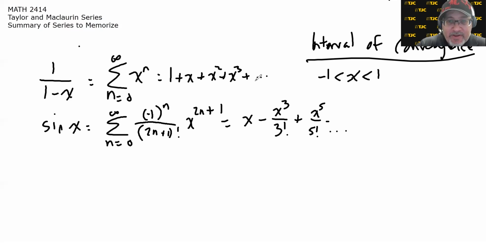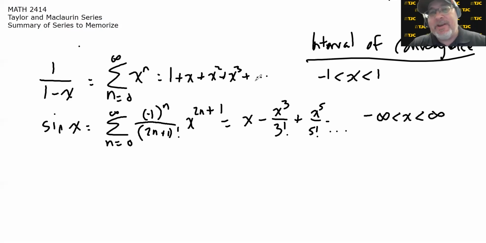And of course, I ran into my interval of convergence. But the interval of convergence here is all real numbers. So negative infinity less than x less than infinity, which is actually a correct way to say all real numbers, because all real numbers are greater than negative infinity and also less than positive infinity.